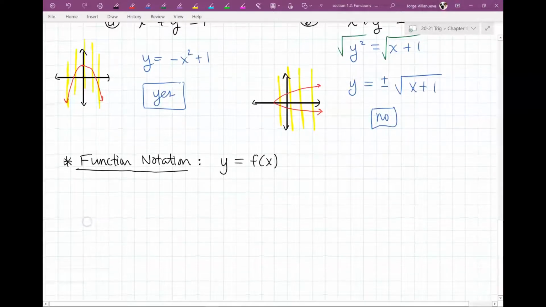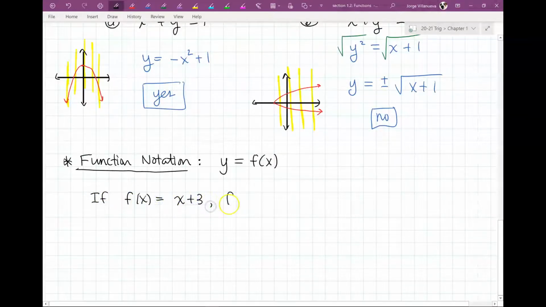So in other words, they might say, if f of x is equal to x plus 3, find f of negative 1, f of 2, and f of 0. All right, so they'll ask you to do stuff like that.